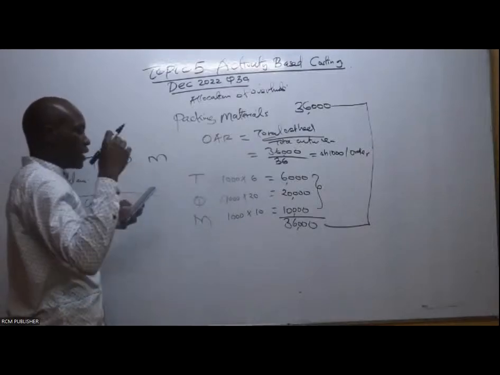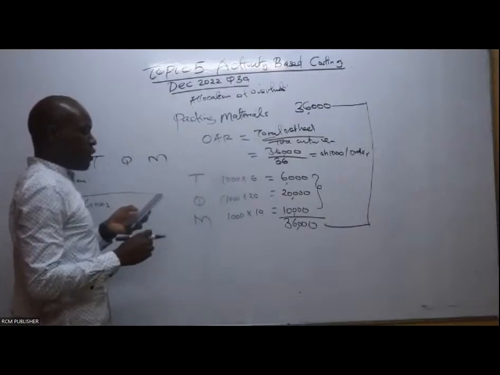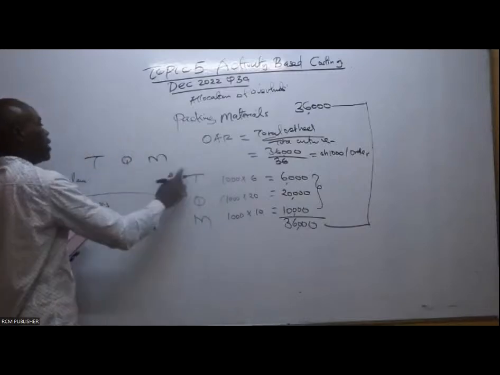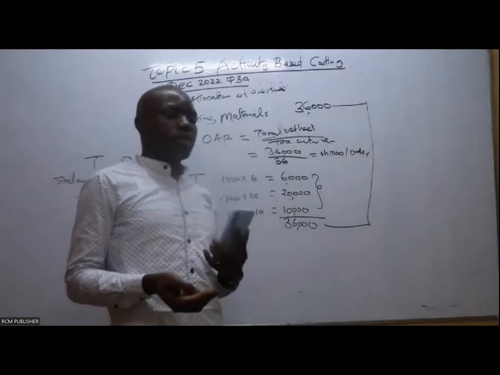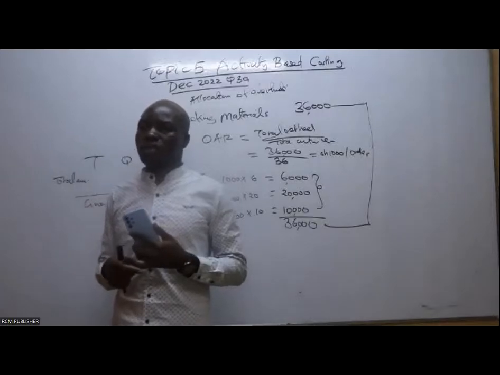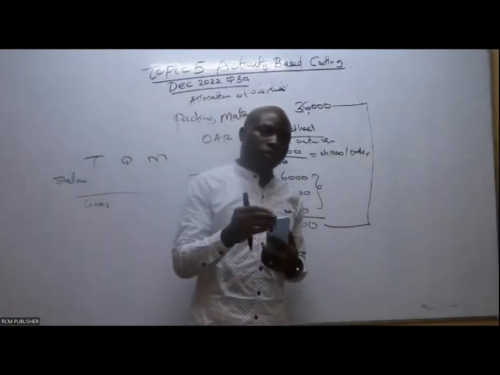How will we get the direct labor cost? How will we allocate those? How will we get the product cost and even reach the gross profit if margin is given or not given? So that's enough for today.